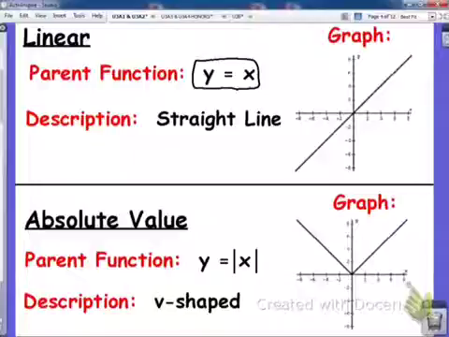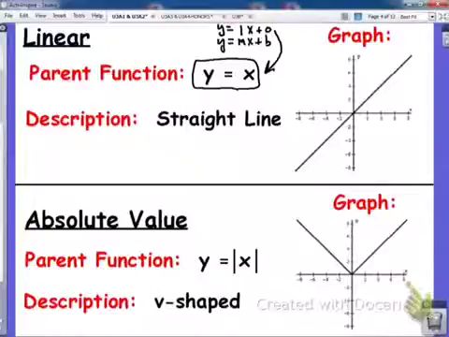In this case, that is y equals 1x plus 0. What does this mean? It has a slope of 1 and a y-intercept of 0. So it crosses at 0, 0, and there's a rise of 1, a run of 1. Up 1, right 1, down 1, left 1, and so forth. Okay, so that's a line.